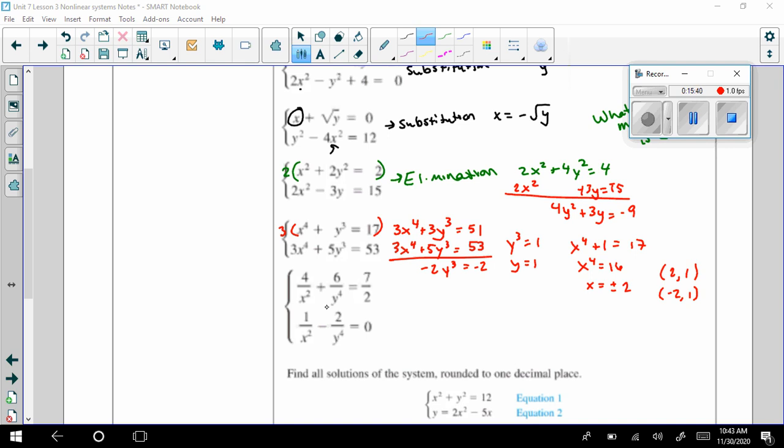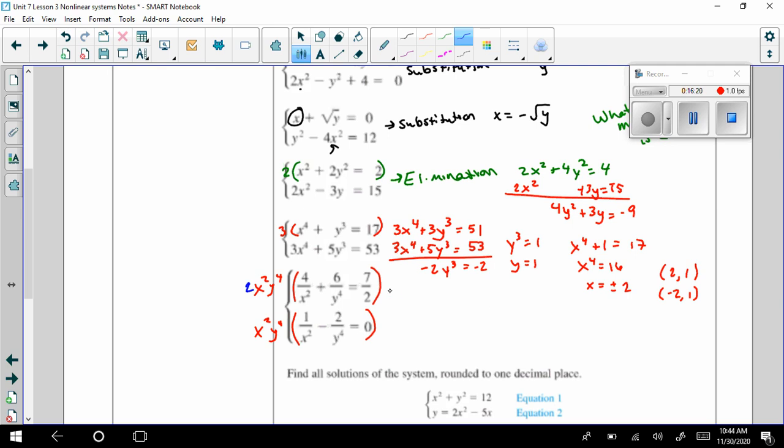Even on this next one, don't let all of these fractions overwhelm you. Remember, clear your fractions out. So we can actually multiply by x squared y to the fourth on both the top and bottom. And so then we get 4y to the fourth plus 6x squared equals, well, I could add a 2 in there also. Let's throw a 2 in there. Get rid of all of our fractions.